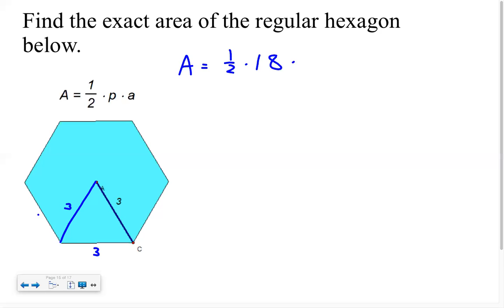If they say, give us an exact answer, you've got to use simplified radical form, and you've got to use one specific way to do it. So let's do the exact answer first. What I'm going to do is I've got to find my apothem, which is this length right here. Now, when I'm drawing this on paper, I like to redraw that triangle, specifically this red one, just so there's more space.